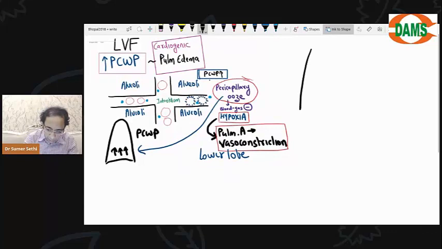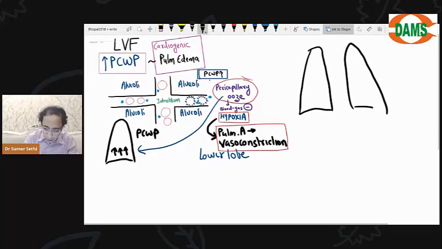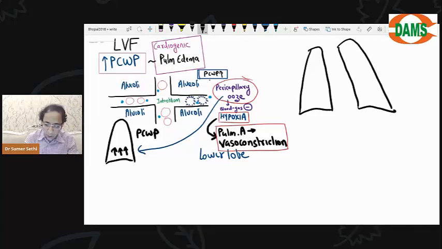Now imagine, suppose these are your lungs. It is difficult to understand, but try and understand. The right heart is pumping the blood. Left heart has failed, the right heart is still pumping blood. So from the right ventricle, the blood is going into the pulmonary arteries.